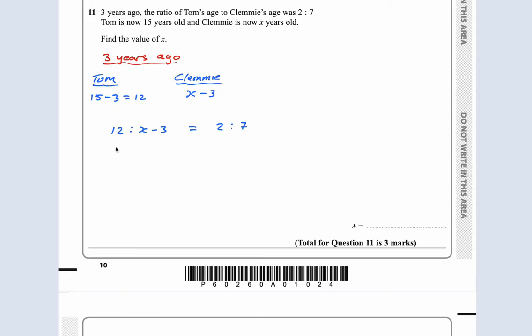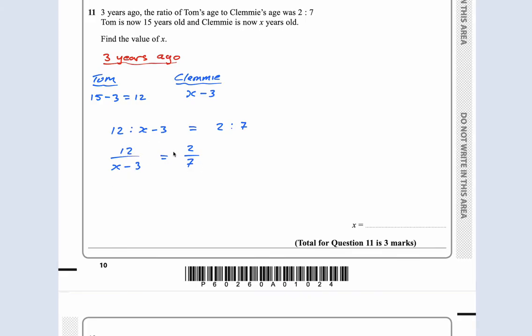But let me just show you how to do it more kind of technical way. If this ratio is true, 12 over x minus 3 must equal 2 over 7. And you can solve this equation. But if you think of this as equivalent fractions, look, 2 times 6 is 12, 7 times 6 is 42. So this must equal 42.